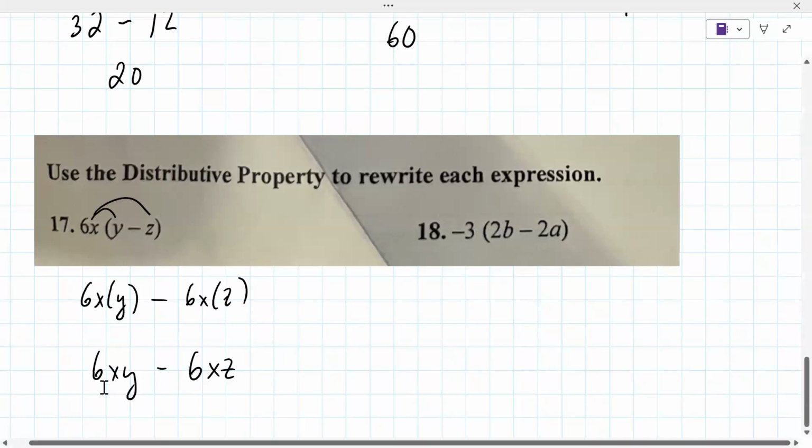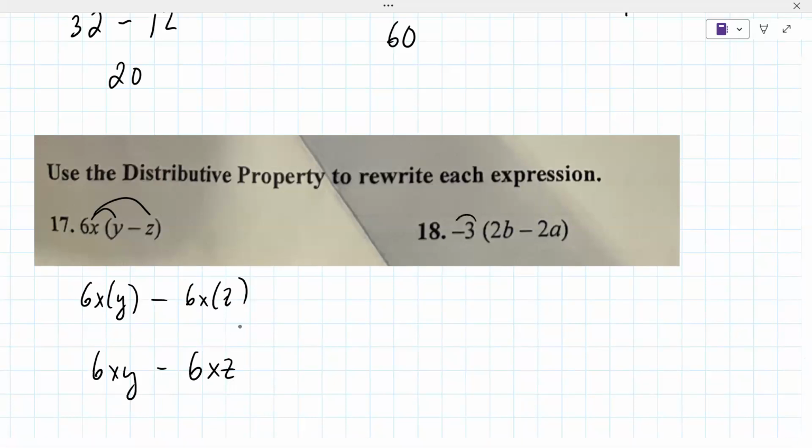Okay, so they're different groupings of letters. They've got to be exactly the same to combine. On the right here, you multiply in. Can you tell me what this becomes? Negative 6b and then plus 6a, yeah.